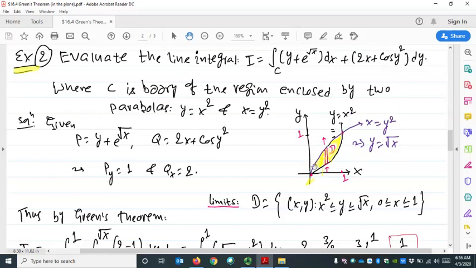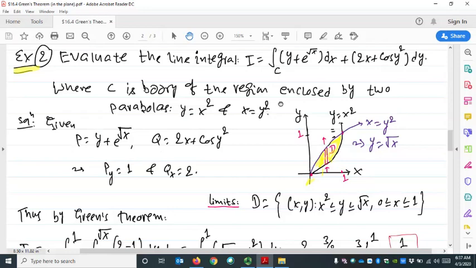Then the upper boundary of y is given by this curve, x equals y square. Solve for y equals radical x, so that's the upper bound for y, and x goes from 0 to 1.